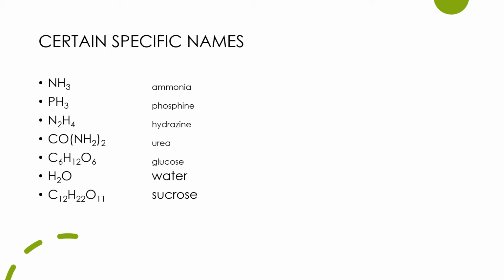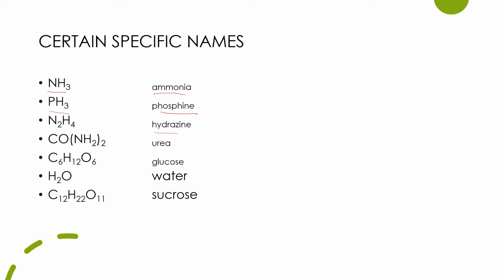There are some substances that have specific names. For NH3, we don't say nitrogen trihydride, but the name is ammonia. PH3 is not phosphorus trihydride, but phosphine.